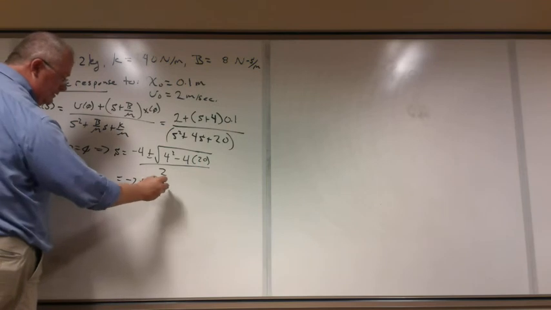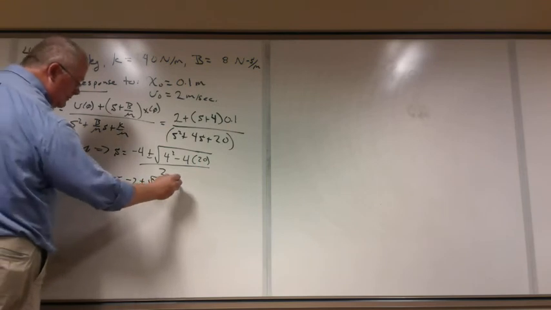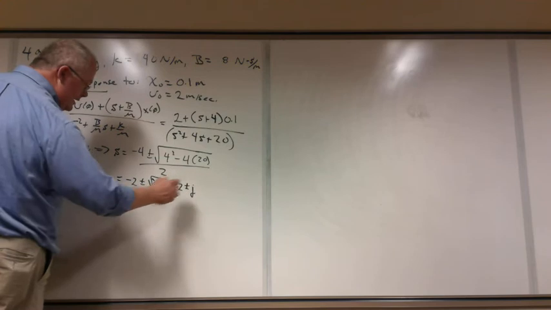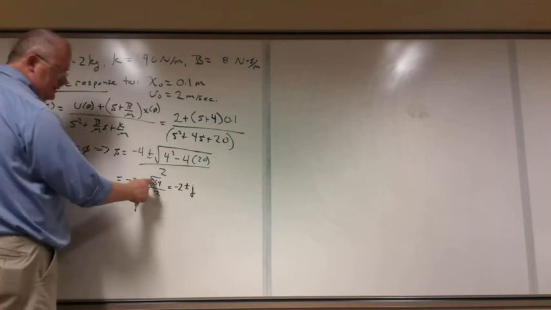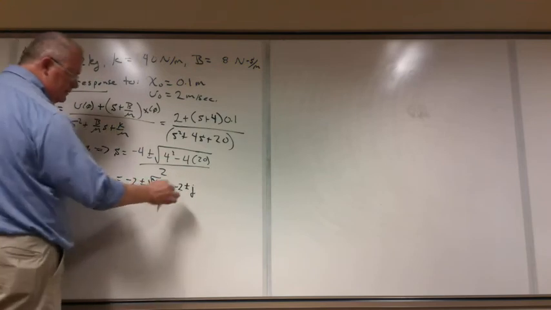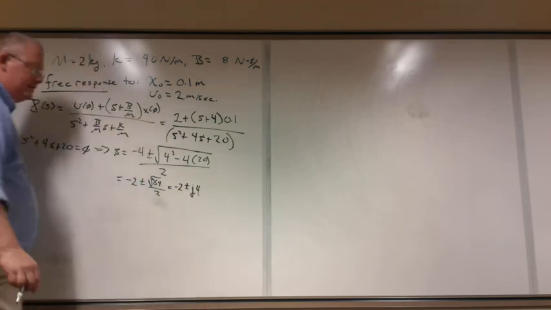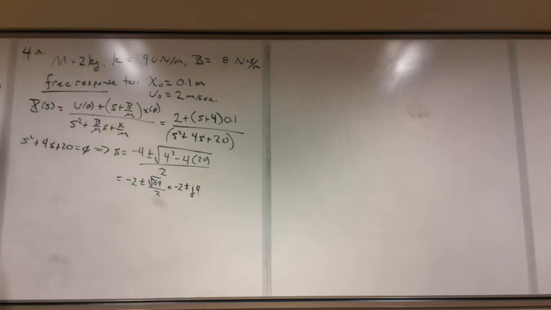Also divided by 2, that is going to be equal to minus 2 plus or minus j. The square root of 64 is going to be 8, divided by 2 is 4. So plus or minus 4j, j4, however you want to look at it.